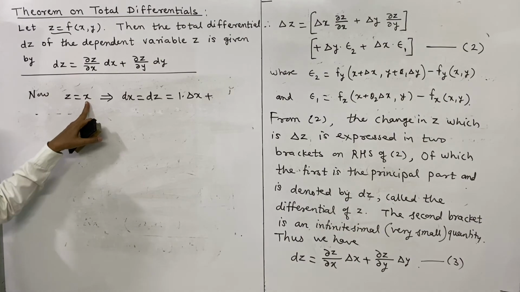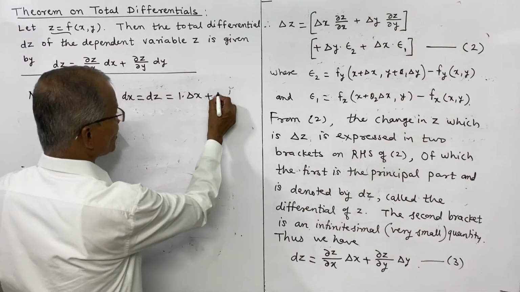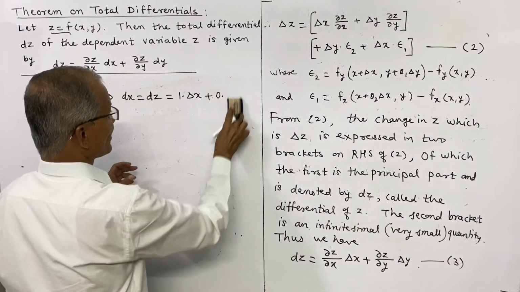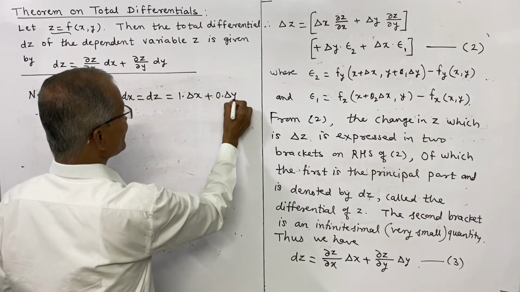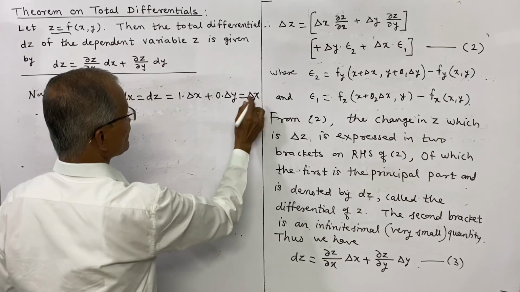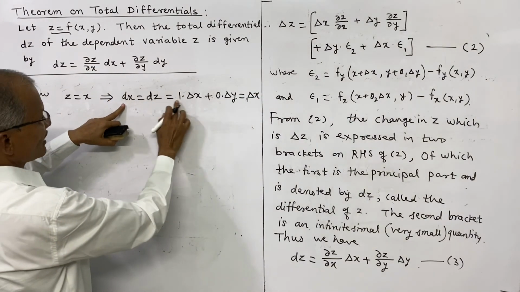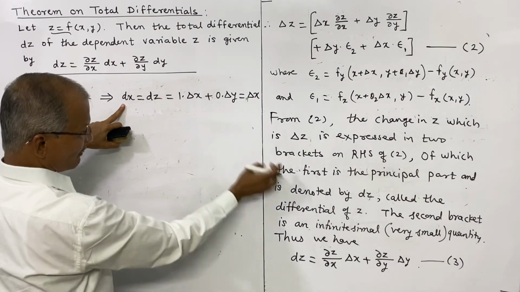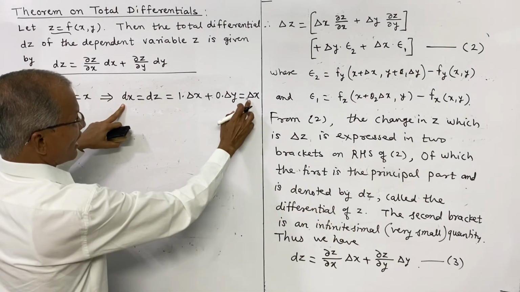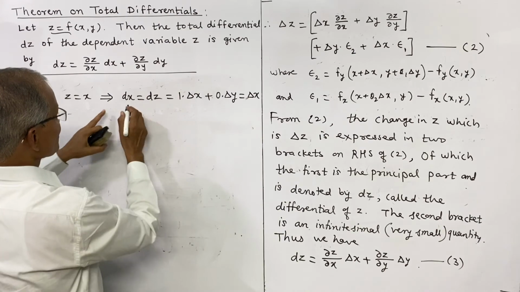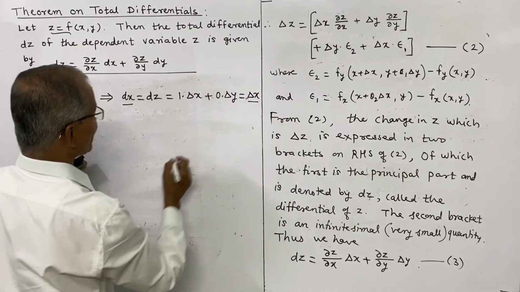There is no term y, and x is treated as constant, so it is 0 into delta y, and finally this will be delta x. So dx is dz, which is 1 delta x plus 0 delta y. Using 3, finally this is delta x, so dx is equal to delta x.